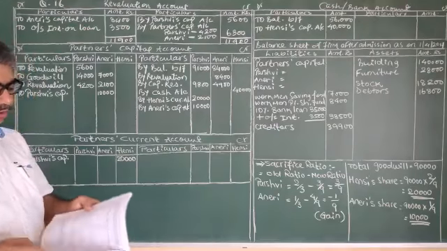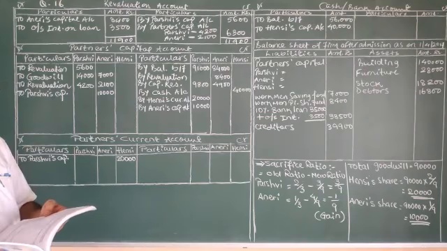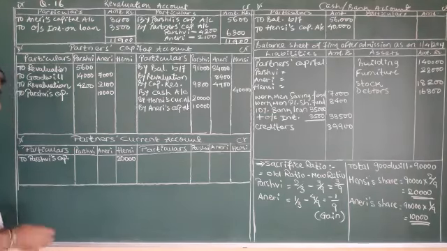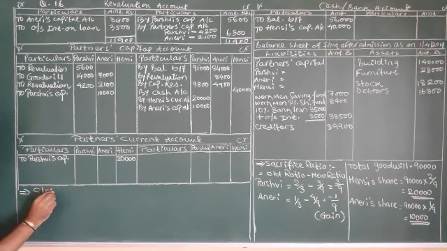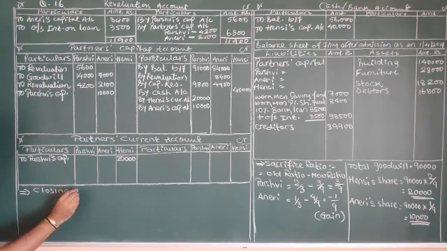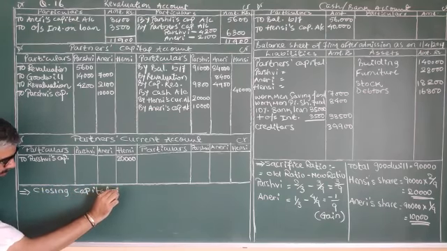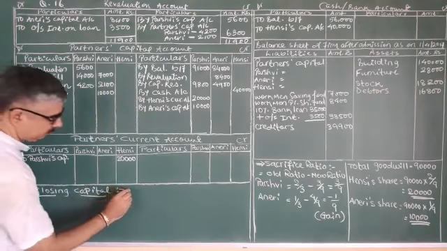Here, next one. Goodwill is over. Now, closing capital. Very simple. What do they say? Again, a working note is a must. Closing capital. What is the new ratio?